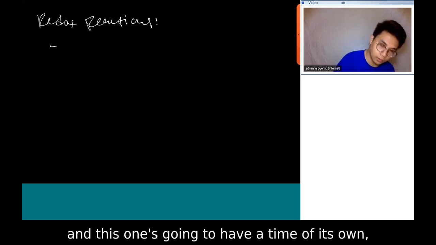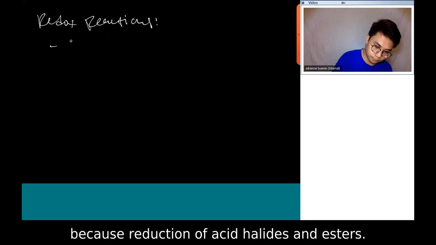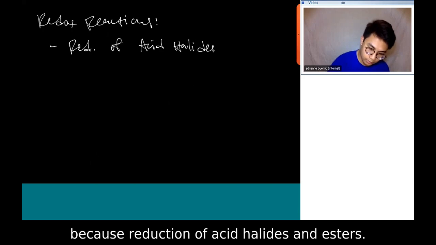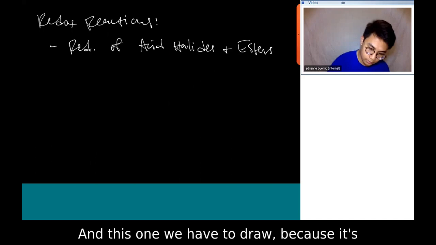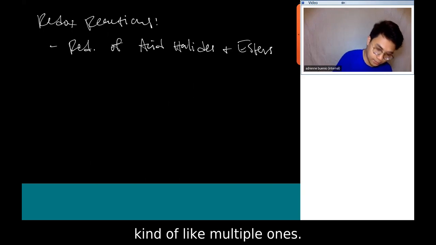So we have, and this one's gonna have a title of its own, reduction of acid halides and esters. And this one we have to draw because it's kind of like multiple ones.